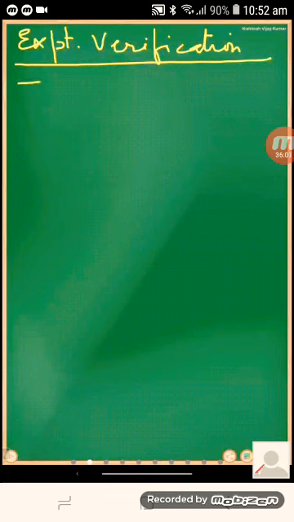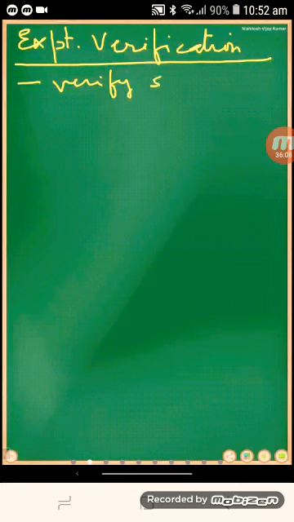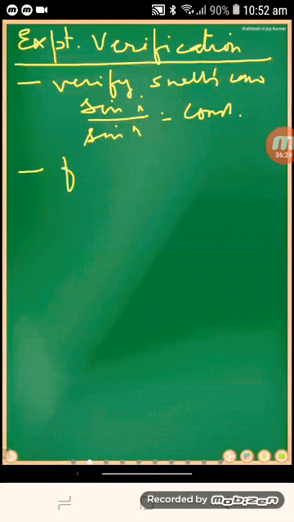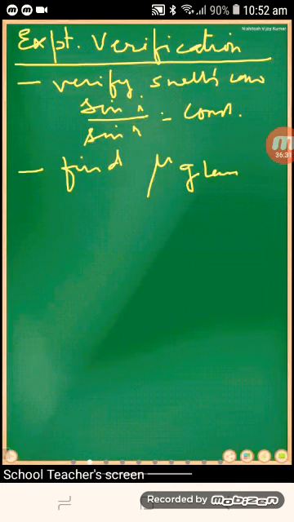So what we can do in this experiment is to verify Snell's law, that is sin i by sin r is equal to a constant. The second purpose of this experiment is to find the refractive index of glass, mu g or mu glass.